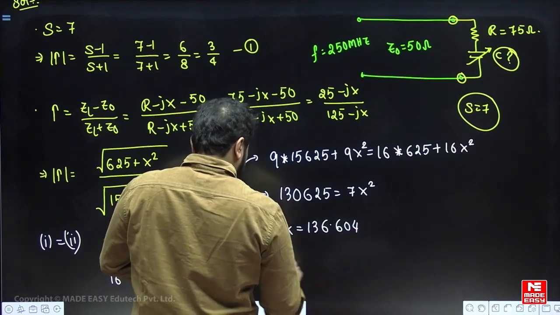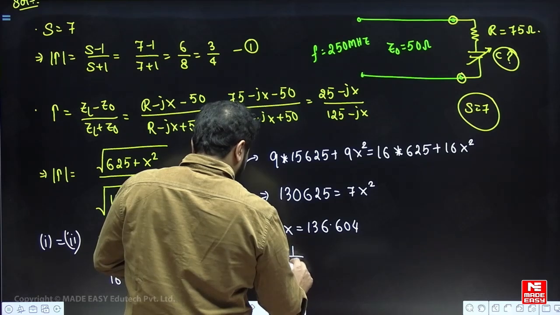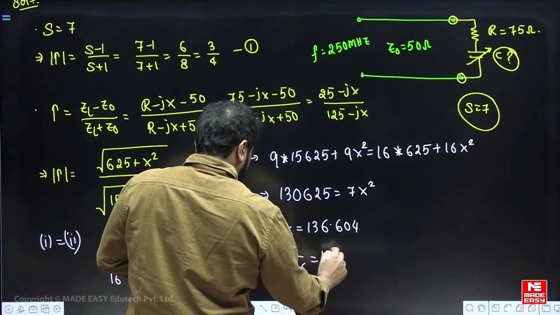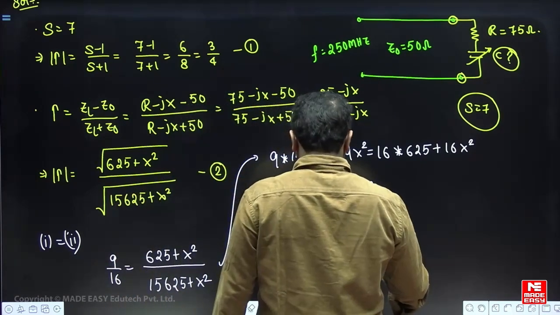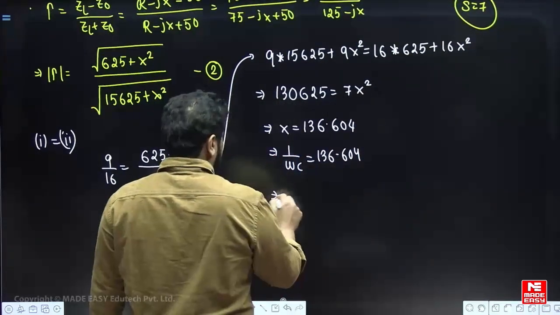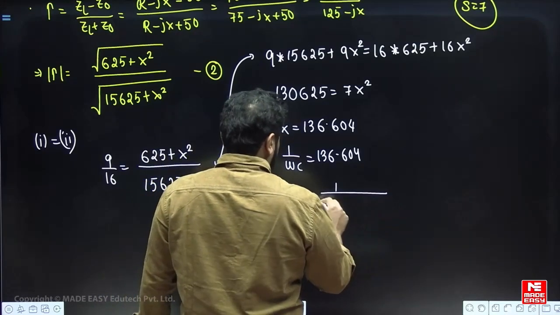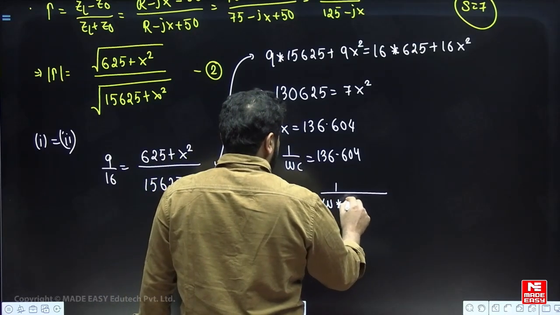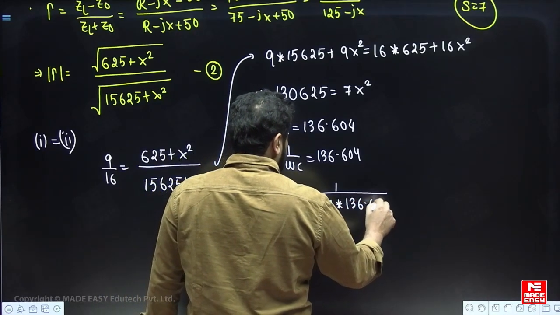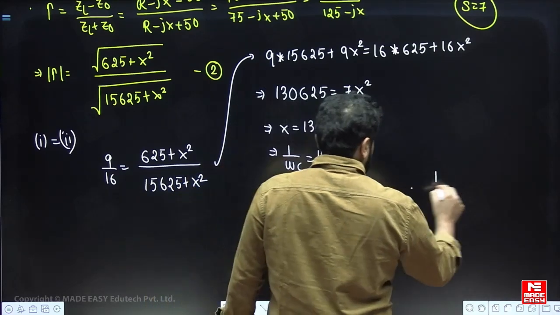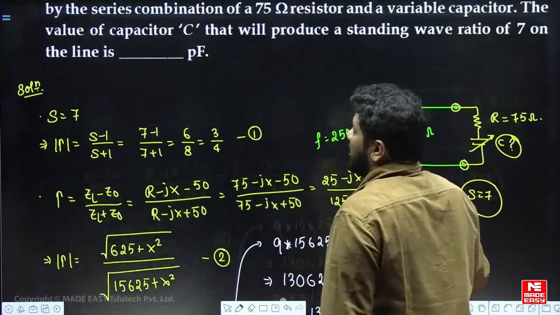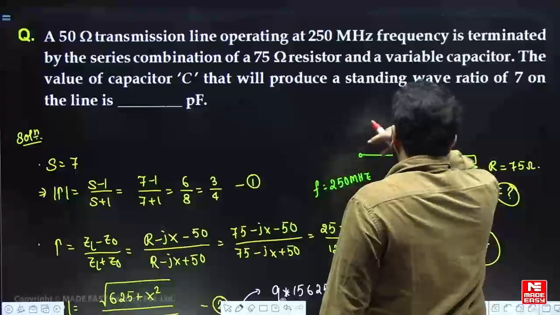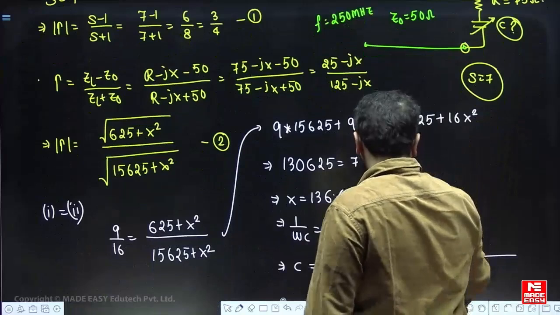136.604. Now x is equal to 1 upon omega c, which is 136.604. Right. So from here I want the value of c. It is equal to 1 upon omega multiplied by 136.604. Omega is equal to 2 pi f. Frequency is given in the question. How much is the frequency? 250 megahertz.